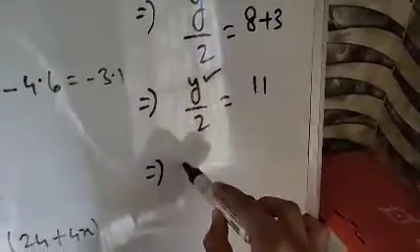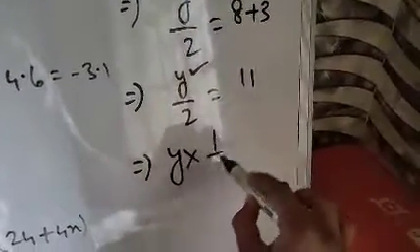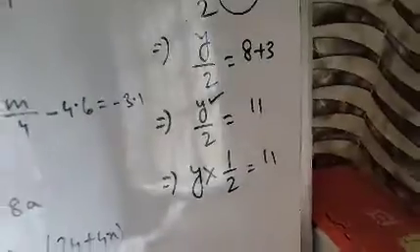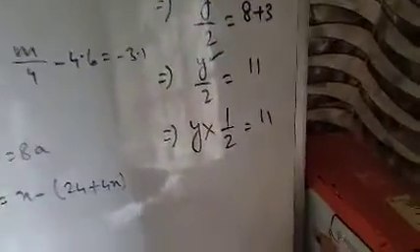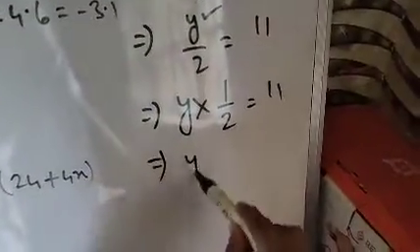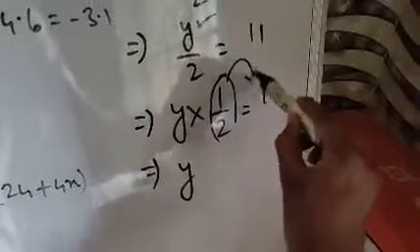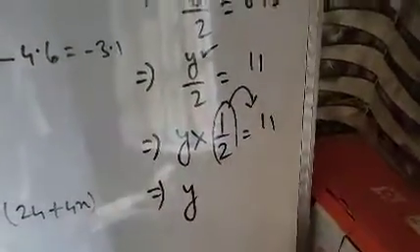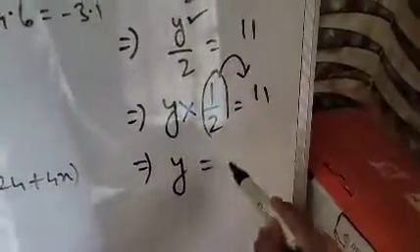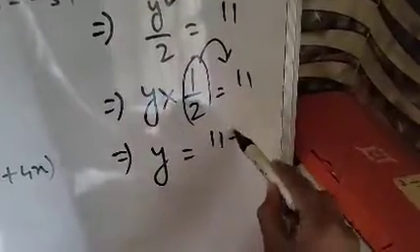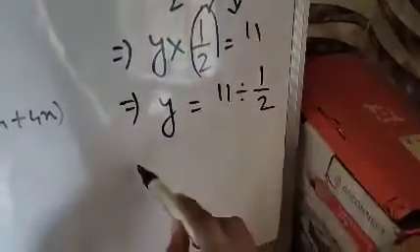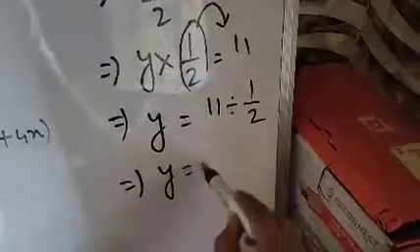Now y by 2 means y into 1 by 2. If you want to find the value of y, this 1 by 2 needs to be transferred. Now 1 by 2 here it is multiplied. So after transferring the sign will be division. That means 11 division 1 by 2. So y will be 11.